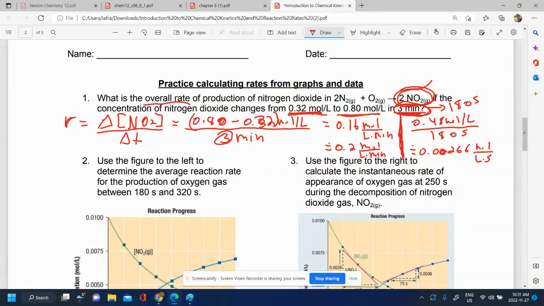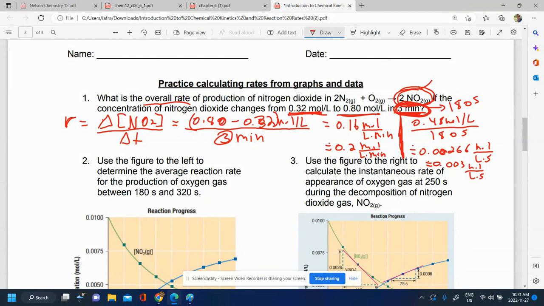And you would still go with the measurement given here, 1 sig fig, because that's what you were given as a measurement. So approximately 0.003 moles per liter second if you were asked to do that in seconds rather than minutes. But in this case, you weren't, so you just leave it in per minutes.